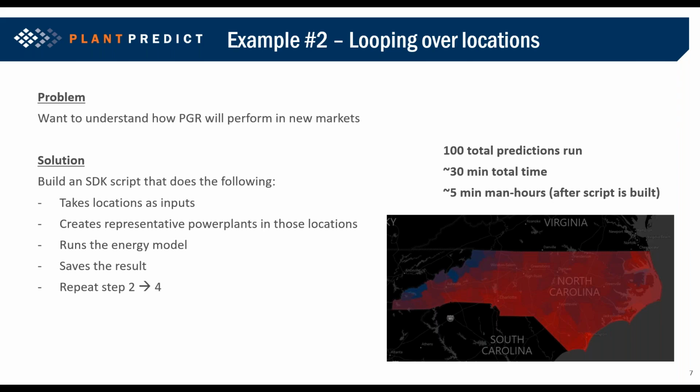All you do is you get your data sets ready, save it in the right location, and you run it. It takes a while to build out the script. However, once you have it, this can be replicated if we're considering, should we go into new markets? Let's get an idea of what sort of power plant we'll be able to build in those markets. And so that's that example, looping over locations.